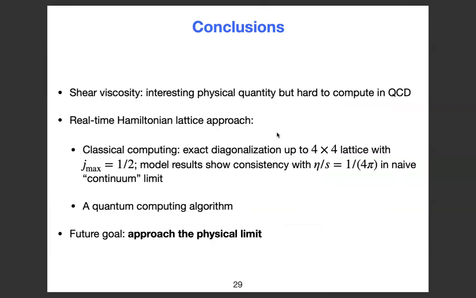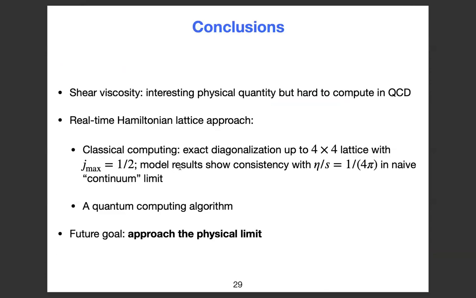Okay, so now let me go to my conclusions. In this talk, I hope I persuaded you that shear viscosity is very interesting for QCD, but very hard to compute at the moment. We propose to use a real-time Hamiltonian lattice approach to calculate it. At the moment, just using classical computing, we can do exact diagonalization up to a 4x4 honeycomb lattice with Gmax equals 1/2.